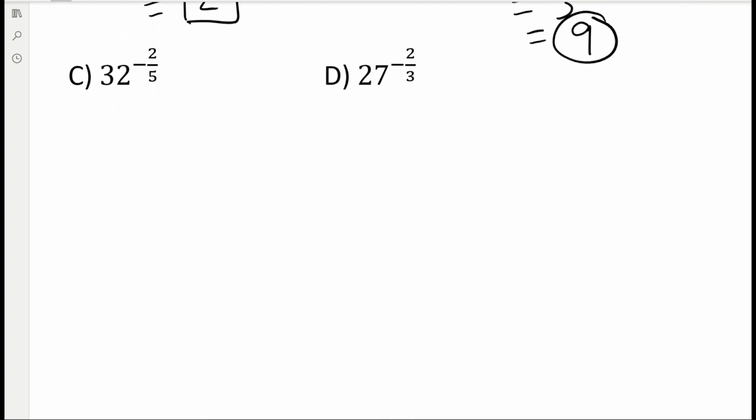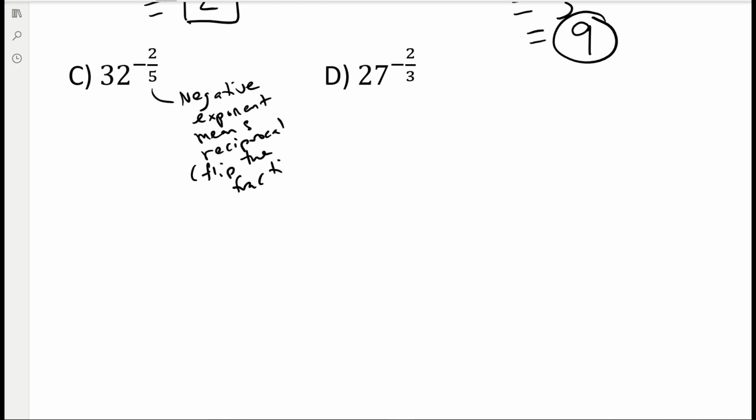All right, so part C, notice that we have a negative exponent here. What does that mean? Well, a negative exponent means that you're essentially doing the reciprocal, or flipping the number. So a negative exponent means reciprocal, which means you flip the fraction. So you flip the number.